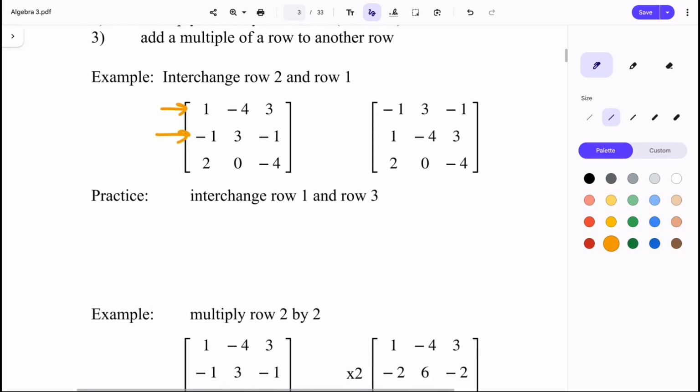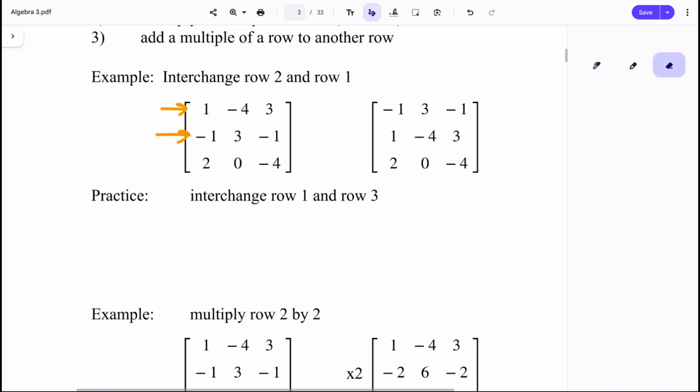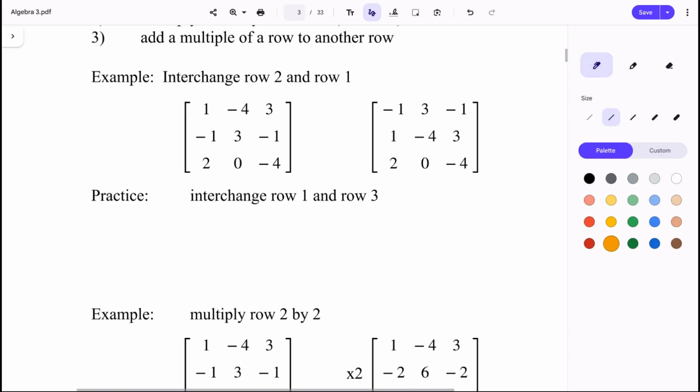Okay, if we come back to this original matrix, I'm going to put a star here. This is where we're starting. The practice says interchange row 1 and row 3. What would that look like now? You're taking these two and switching them.